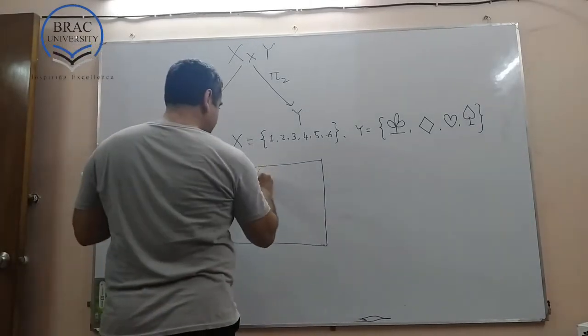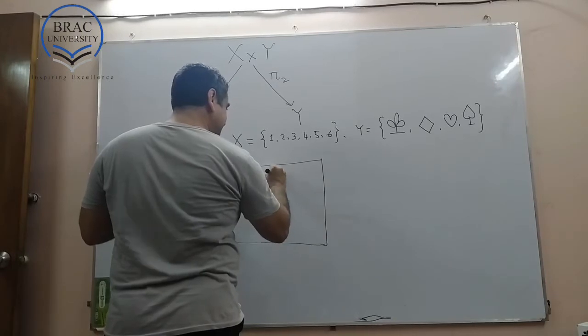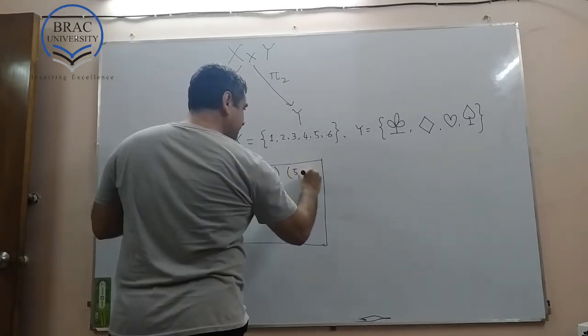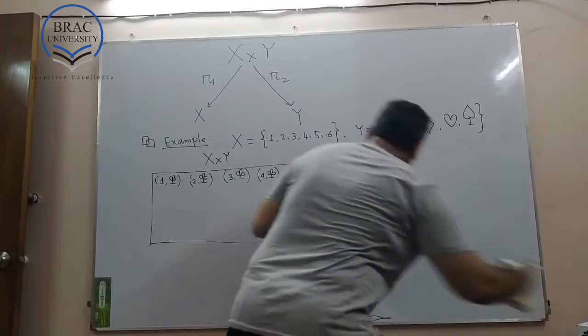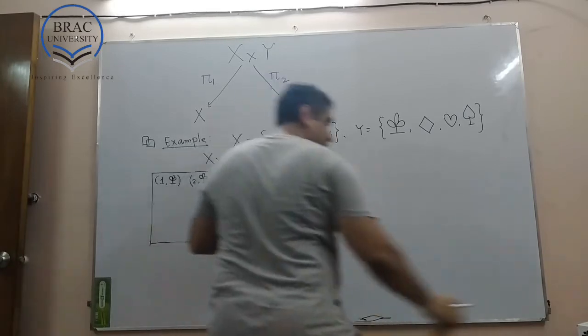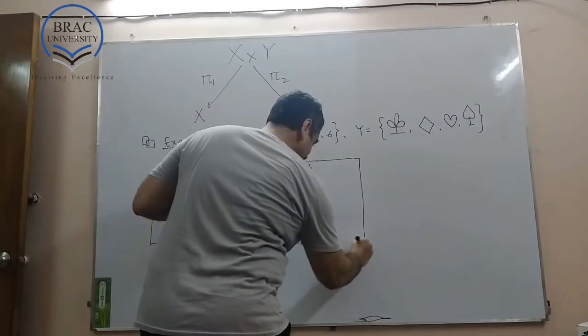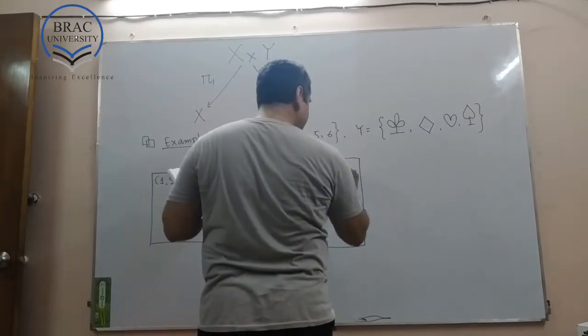Then we have (4, club), (5, club). We need more room, so let us make the box a little bigger. And then we have (6, club).